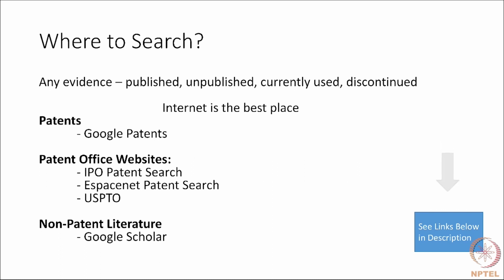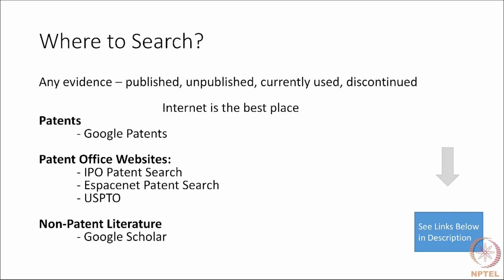You will find that the internet is one of the best places where you can search for prior art. If you are looking at patents, you can look at the Google Patents website, which is a repository of many of the patents that have been published.